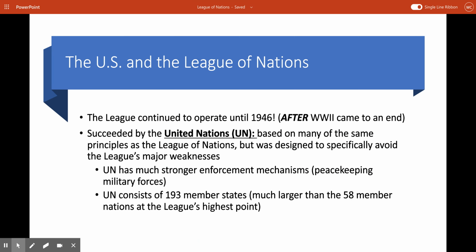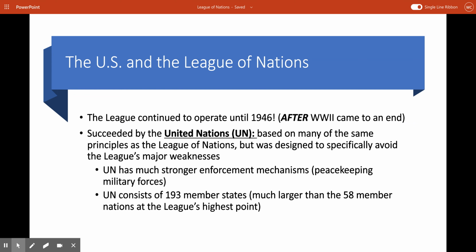So though the League had failed to prevent the outbreak of another world war, it did continue to operate. It continued to exist until 1946. So if you don't know, World War II took place from 1939 to 1945. So if I tell you that the League of Nations operated until 1946, that means that the League was technically in existence throughout the entire World War II, right?